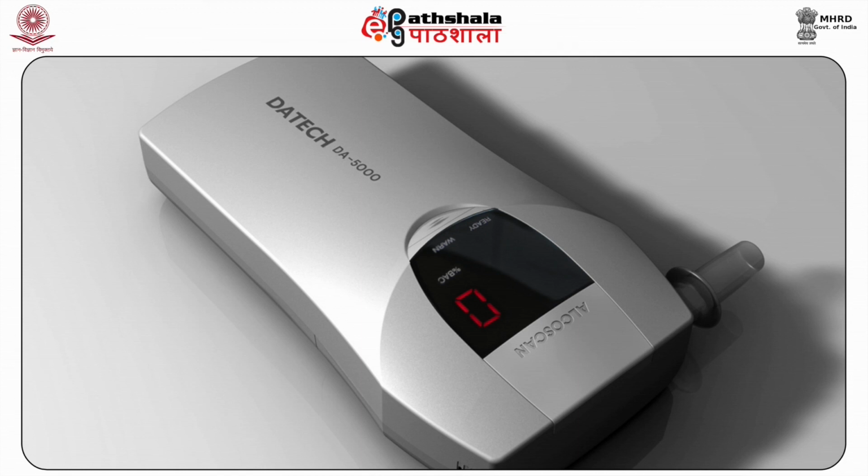This device collects a sample of breath and pumps it into an acidified solution of KMnO4. The alcohol present in the breath would change the color of the solution. The greater the extent of change of color, the higher the breath alcohol concentration.